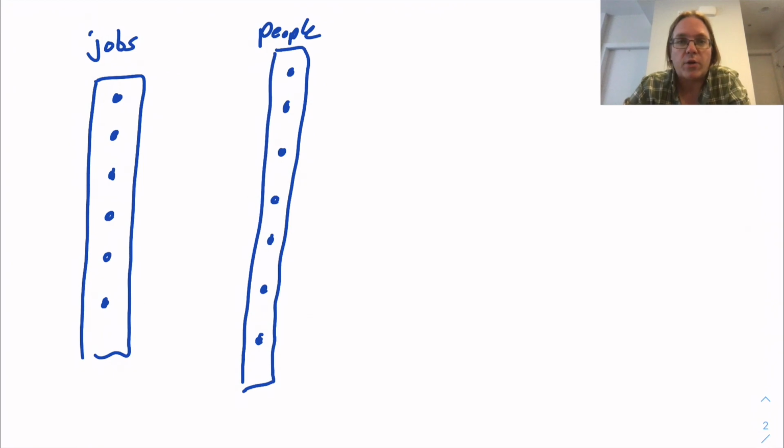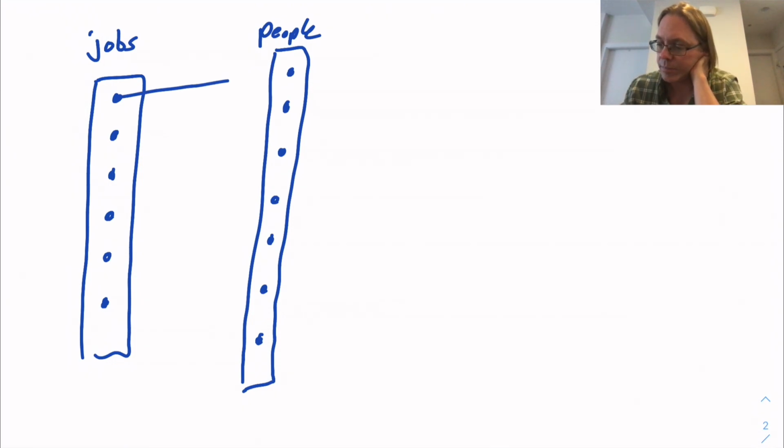Of course, not all jobs can be done by all of the employees. So maybe certain tasks you need people trained to do. So what I'm going to do is form a natural bipartite graph here. I'm going to add an edge between a job and a person if that person knows how to do the job.